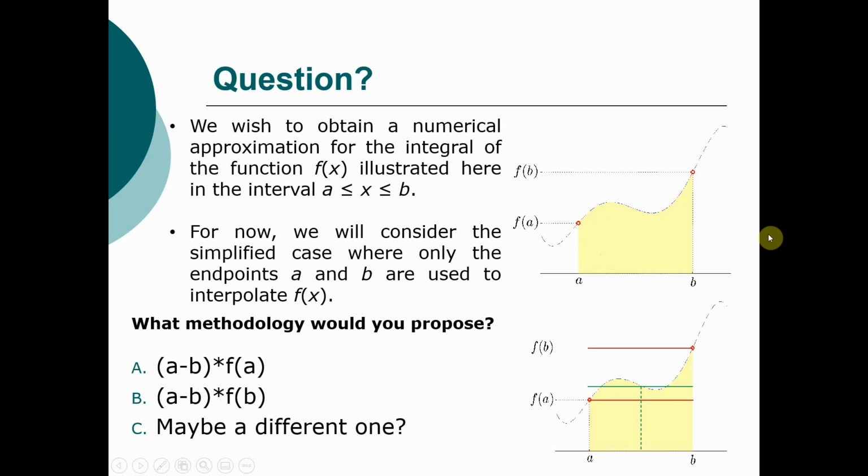Another way of doing it would be finding the midpoint in the interval, which is a plus b over 2, finding the value of the function at that midpoint, and then making the approximate function a constant function equal to f of a plus b over 2. So these are different methods that we can apply, and this is the simplest function that we can use to approximate our original function for the sake of integration.